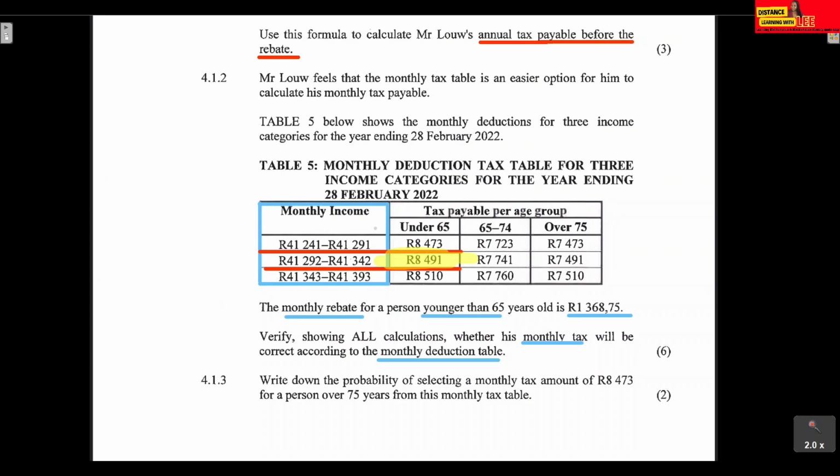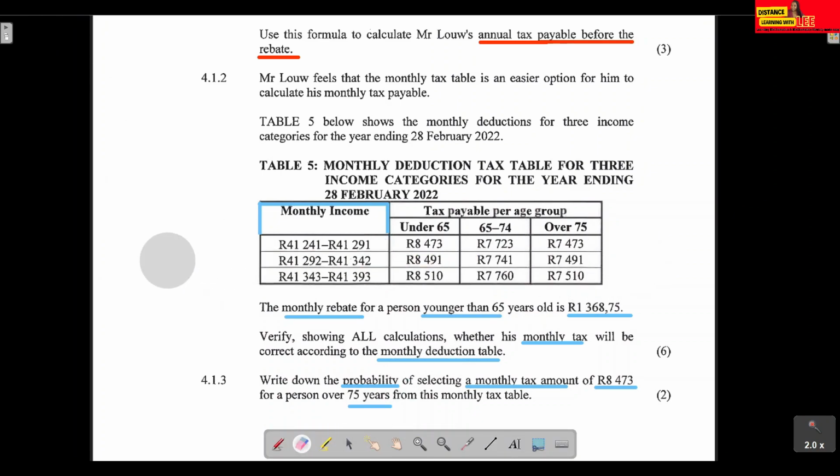So in this case, we want to basically determine the probability of selecting a monthly tax amount of 8,473 rand for a person that is over 75 years old. So this question tells us what we need to focus on.